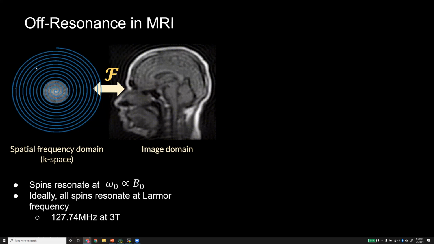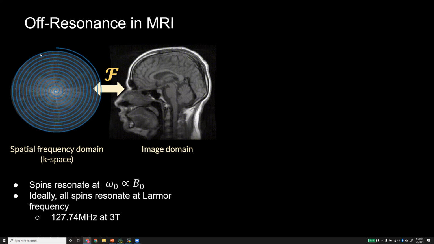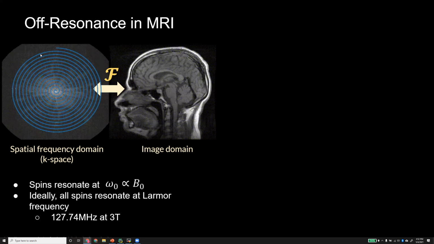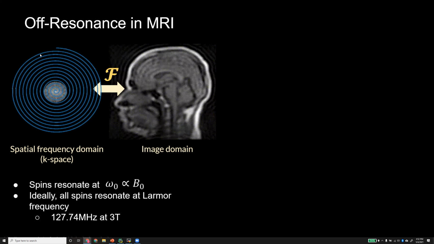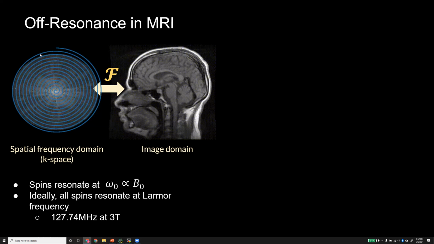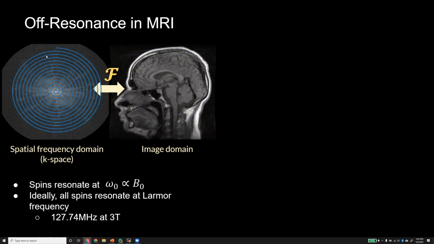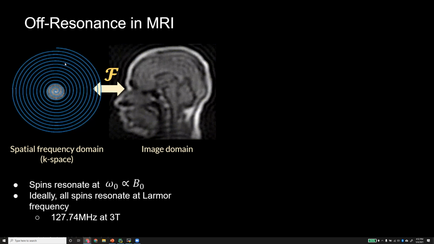So far in class, we've mostly focused on Cartesian readouts where K-space is sampled row-wise, and Cartesian readouts have a pretty small readout time. And when the readout time is small, off-resonance effects in general are also small.